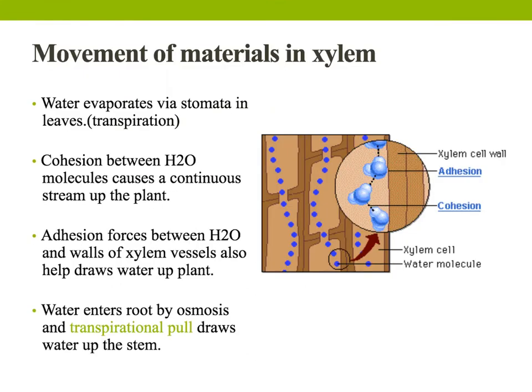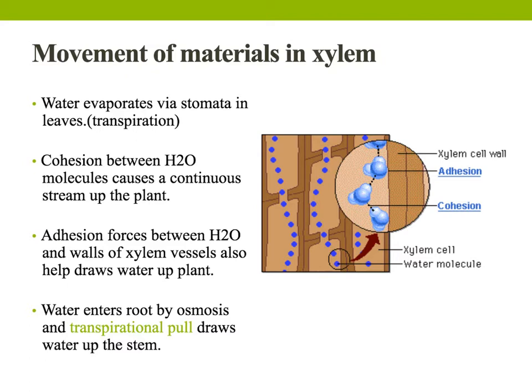The transpiration stream theory of xylem and water moving through it goes like this. So it's called a transpirational pull. It's started by water evaporating via the stomata in the leaves. So at the top of the plant, transpiration is happening.